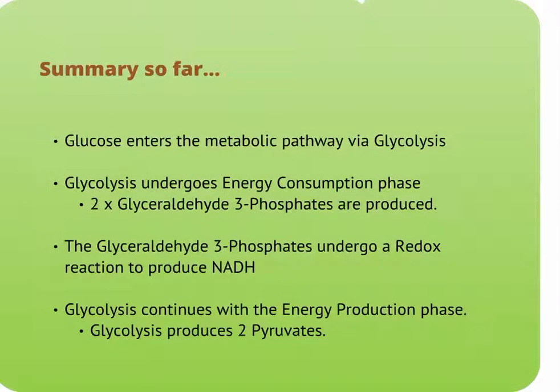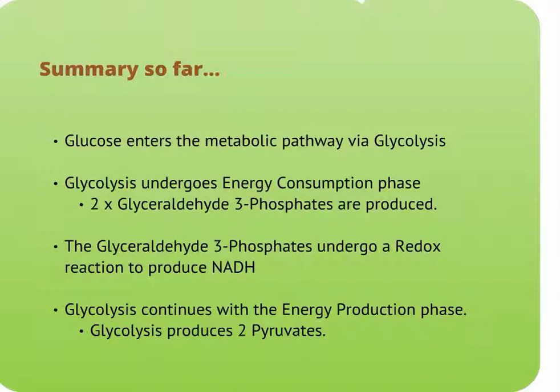So, summary so far: glucose enters the metabolic pathway, and it's going to go through glycolysis. Glycolysis undergoes the energy consumption phase. This gives us 2 glyceraldehyde 3-phosphates.